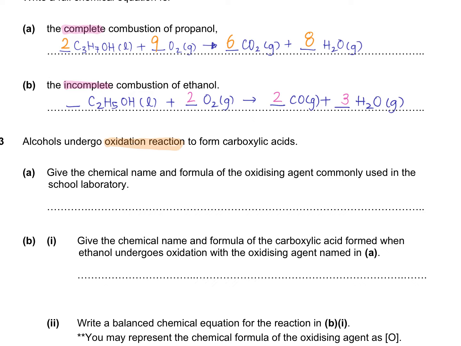Start with P. Potassium what? Acidified potassium manganate, not complete. You need something behind. Yeah, 7. You call this 7. Solution. So this is the common oxidizing agent that you use in the lab.